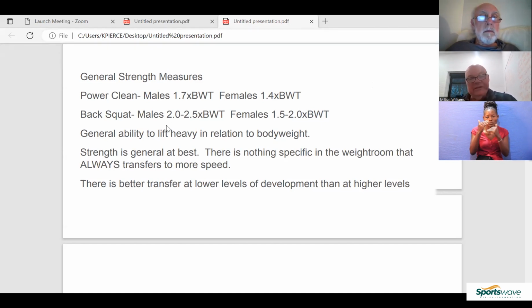My last statement is there's much better transfer at the lower levels of development than higher levels. So when Milton Williams raised his squat level up when I was a beginner, I saw immediate improvement. Now, as I improved, as I got older, I didn't see quite the transfer.